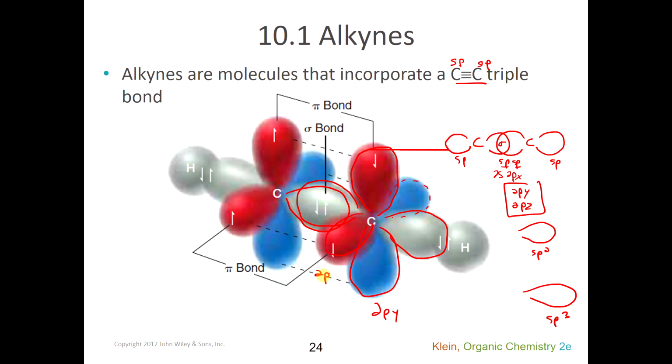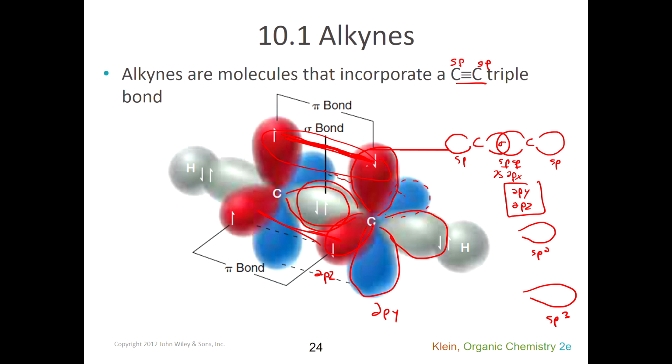The 2pz is holding an electron. So each of those carbons overlap side by side both of their 2pys and both of their 2pzs, in both the front and the back. As long as they overlap with the same sign for their waves, they'll form a pi bonding molecular orbital, and the electrons will exist in that area of overlap.